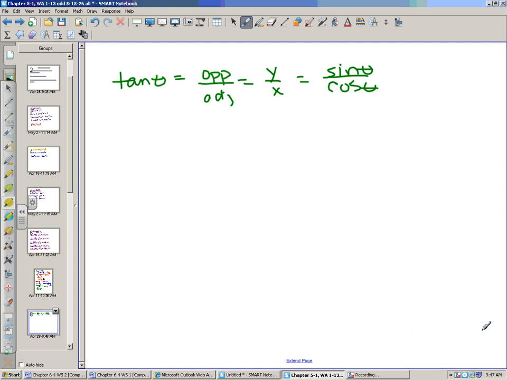You should know all of that, okay? You should also know that this is the same thing as 1 over tangent, or cotangent. Those are all things that we covered in Chapter 4 that are absolutely in your brain.